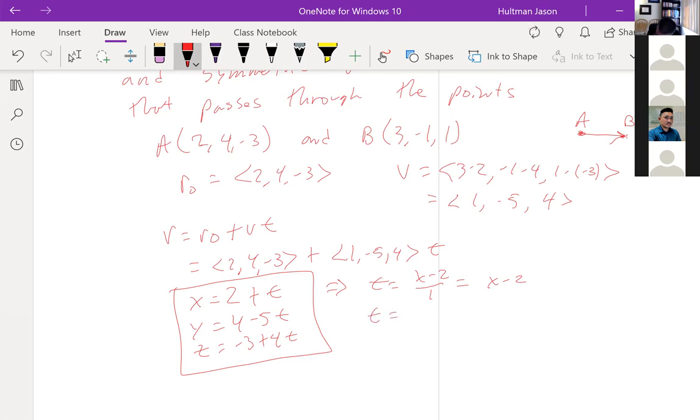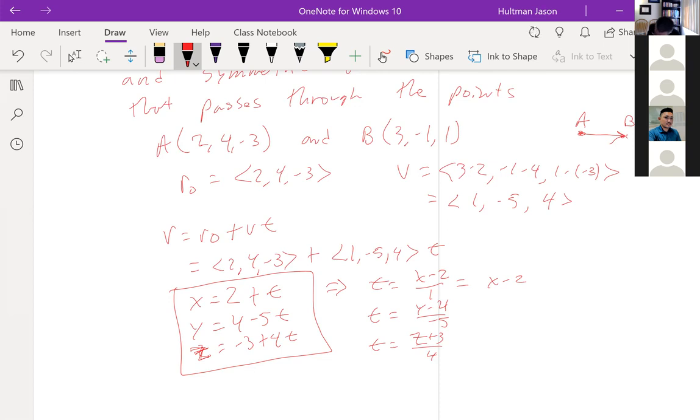This is going to be y minus 4 over negative 5. And this one is going to be z plus 3, not t, z plus 3 over 4.